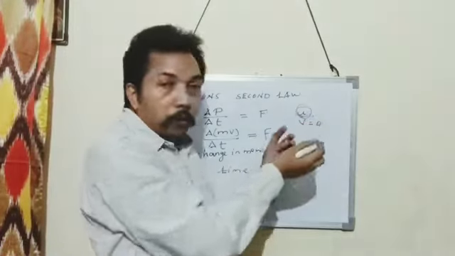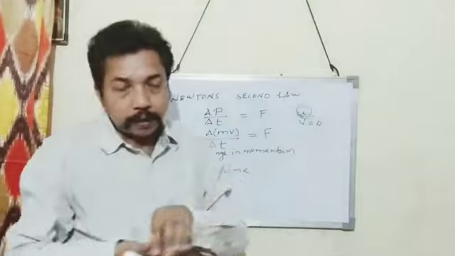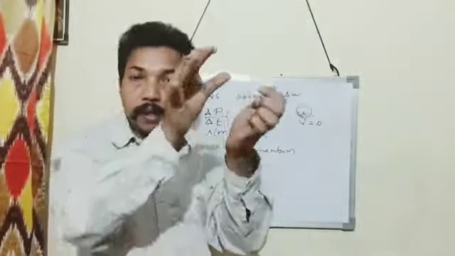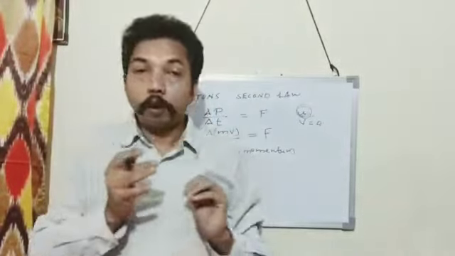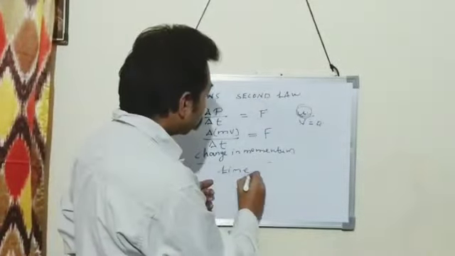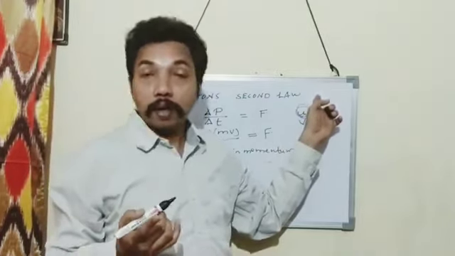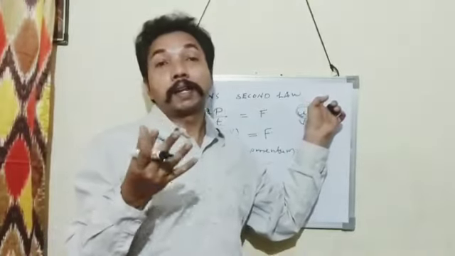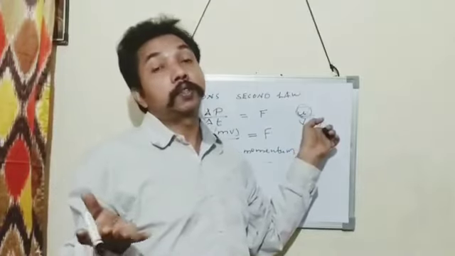So when he moves his hand along with the ball while catching the ball, he can increase the time interval to bring the ball from a certain speed to a speed of 0.